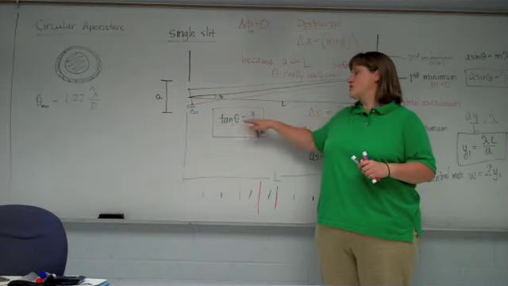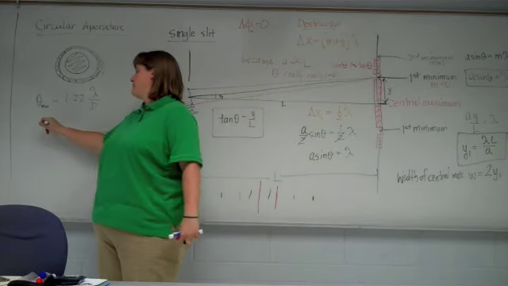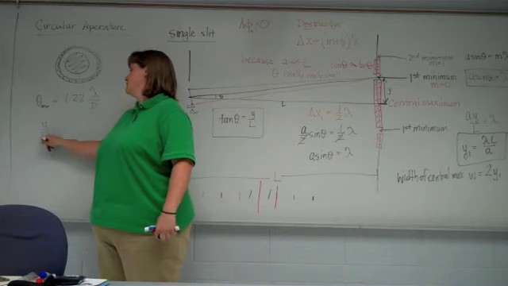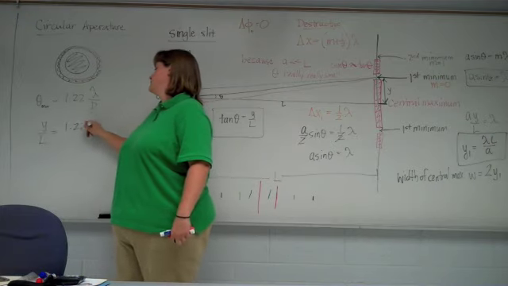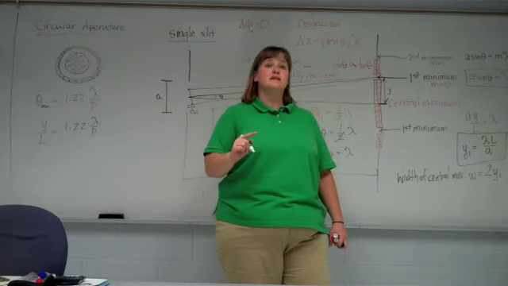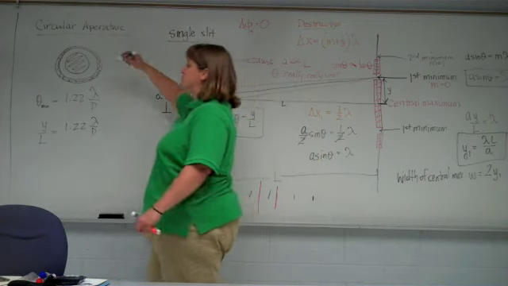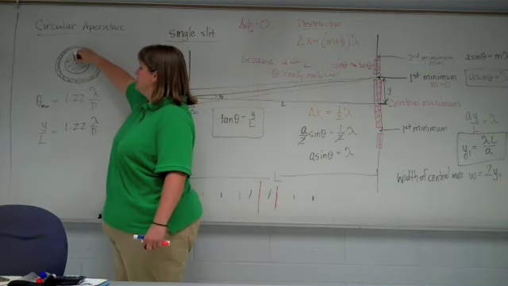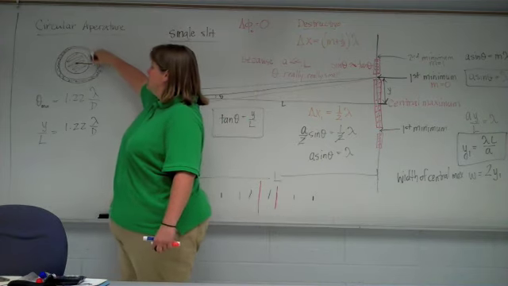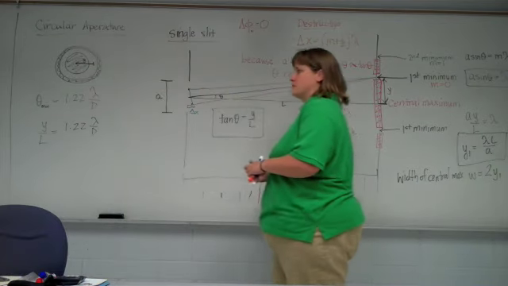Okay? So you can plug in y over L for theta minimum. Y, again, will be measured from the center of the central maximum. So the center here, out to the middle of the dark spot.